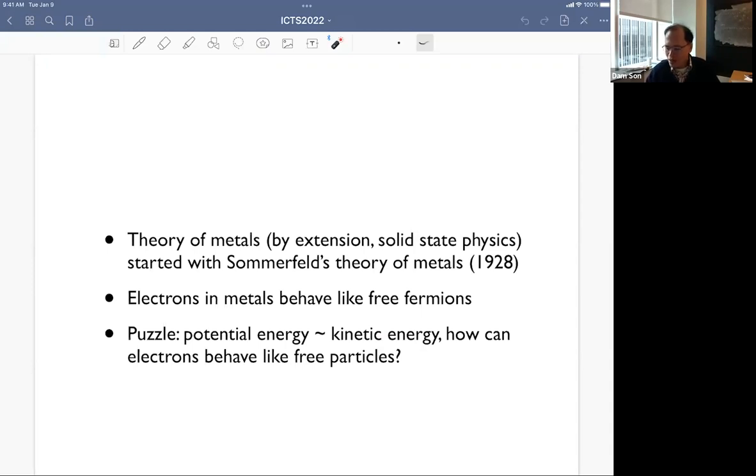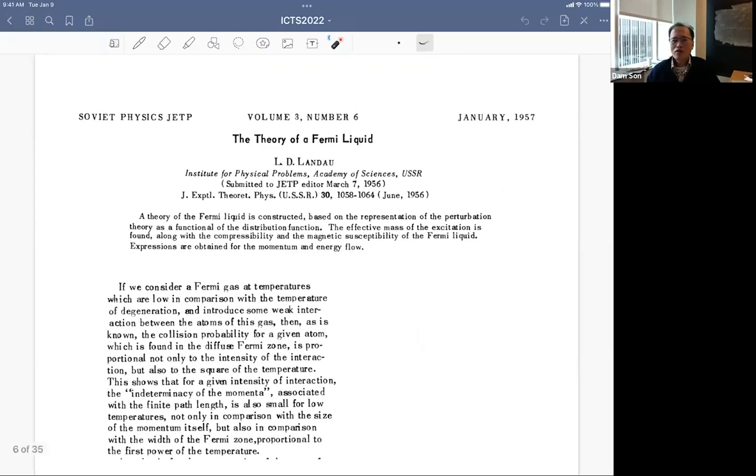If they are of the same order of magnitude, then the question is, how can electrons behave like free particles, where the kinetic energy should dominate the potential energy? That puzzle was solved by Landau in 1957.